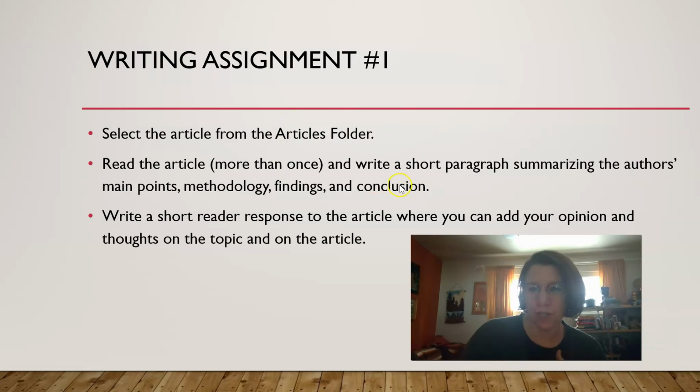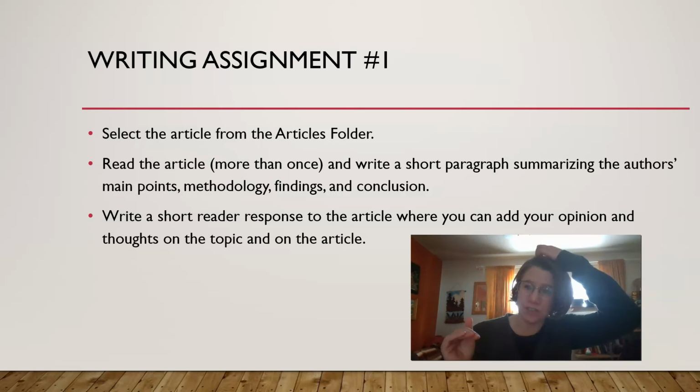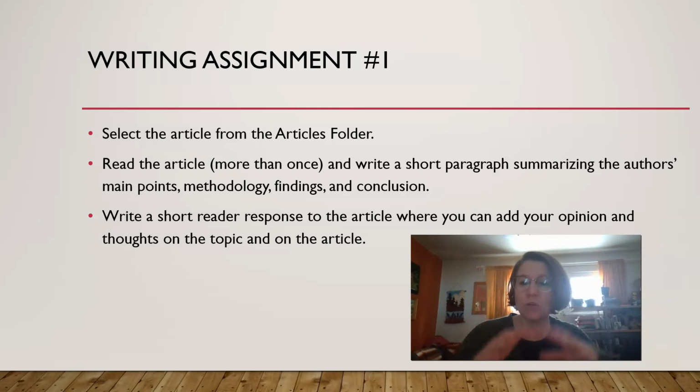You want to read it more than once, just to get a good sense that you fully understand what this article is about. You're going to eventually write this short paragraph. So 6 sentences, 7 sentences, a short paragraph under a page in length, summarizing what was discussed in that article.